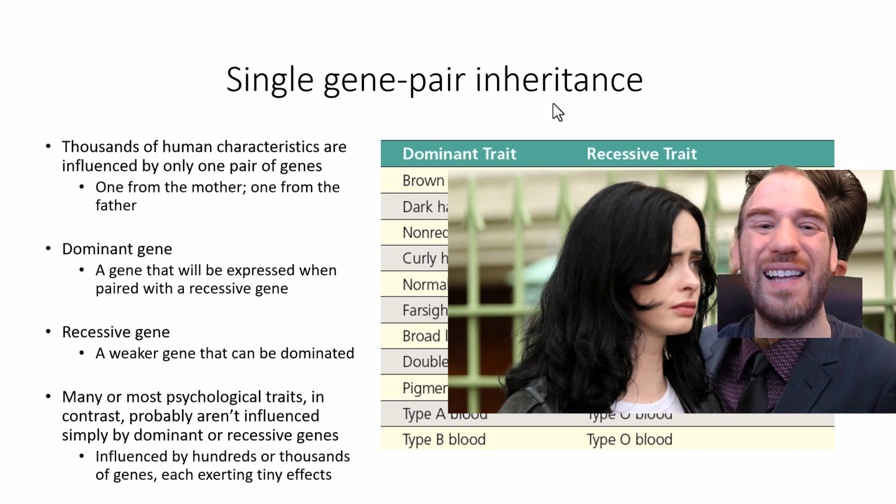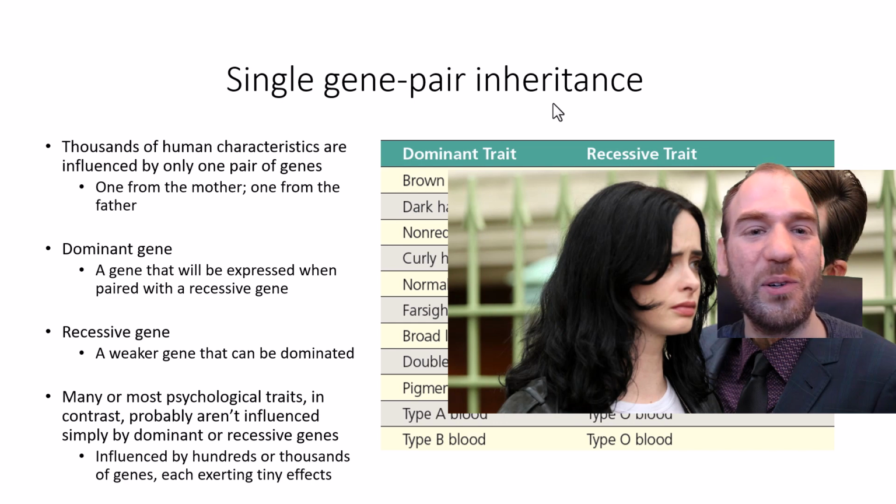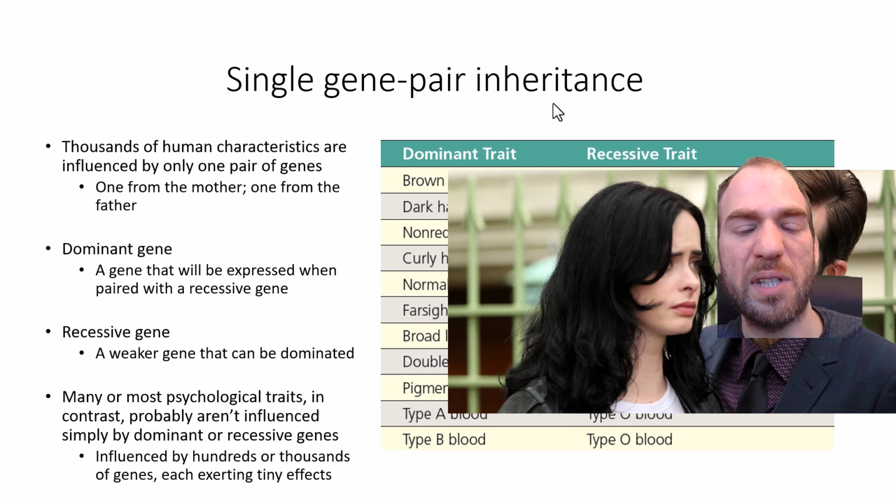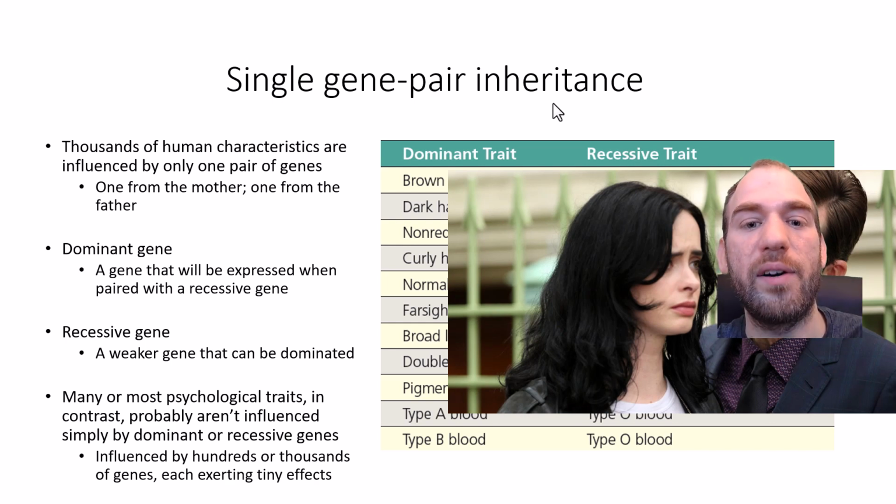This is the classic recessive and dominant genes that you learn about in Bio 101, like brown eyes being more dominant than green eyes, or dark hair being more dominant than blonde hair. If you got both traits, the dominant trait is more likely to be expressed, for example dark hair, brown eyes.